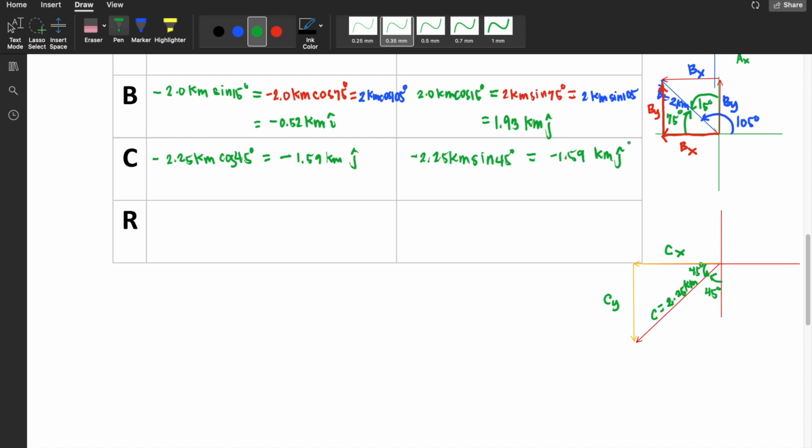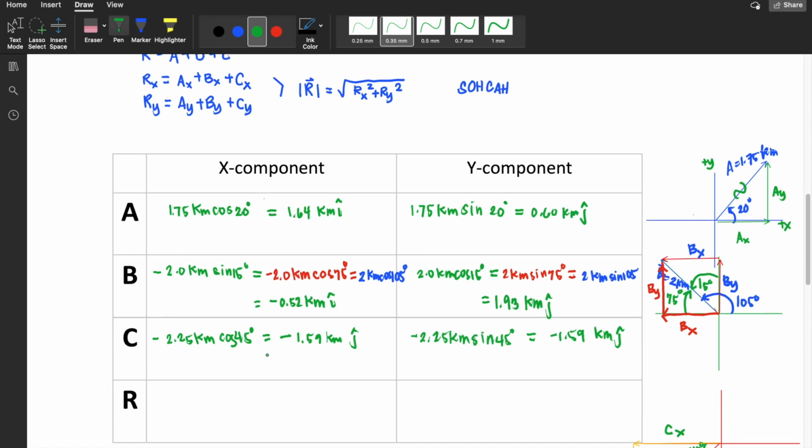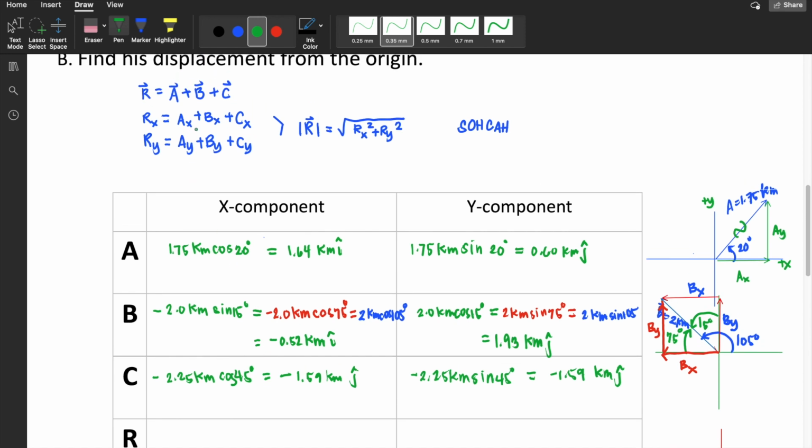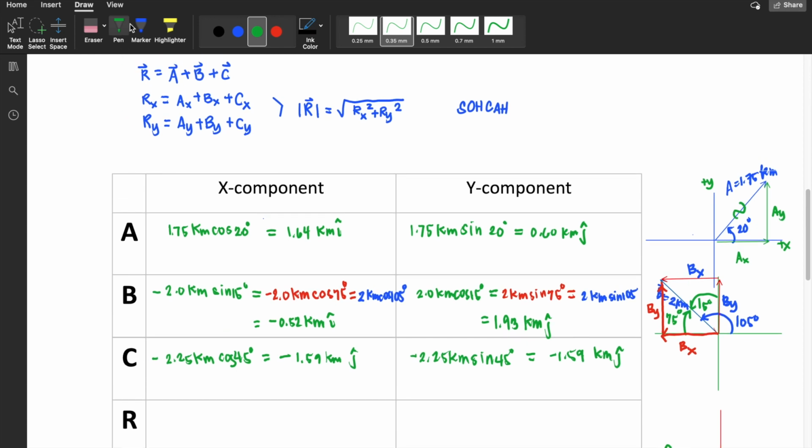And lastly, if you're looking for your Rx and Ry, all you have to do is go back here and add them all. So you'll just add all the x's: Ax, Bx. So 1.64 plus 0.5, negative 0.52 minus 1.59. The answer is simply equal to negative 0.47.